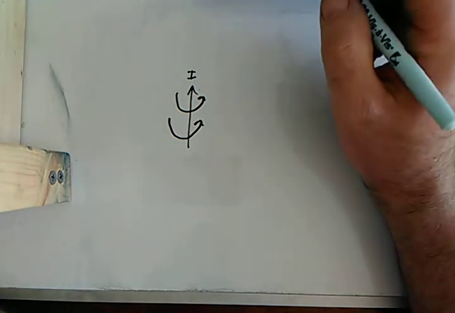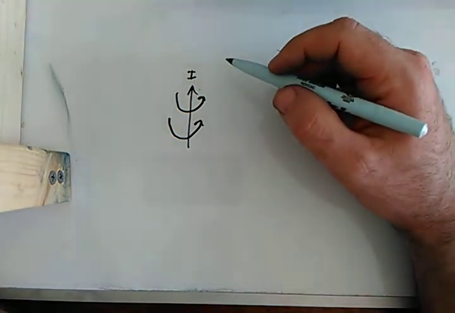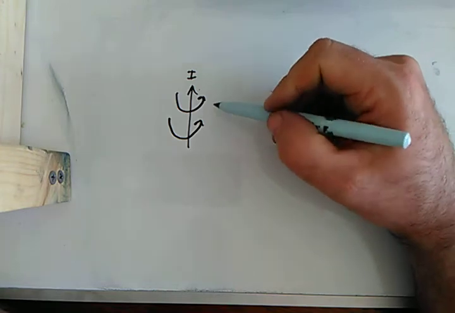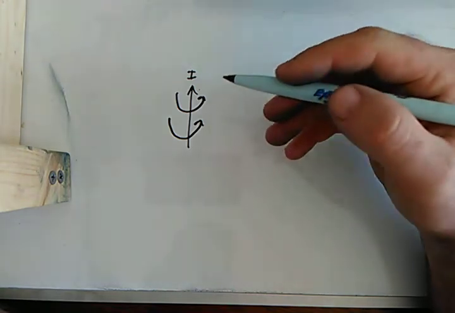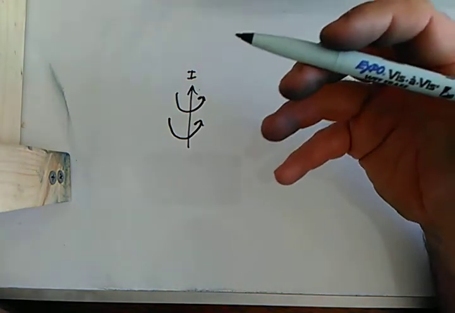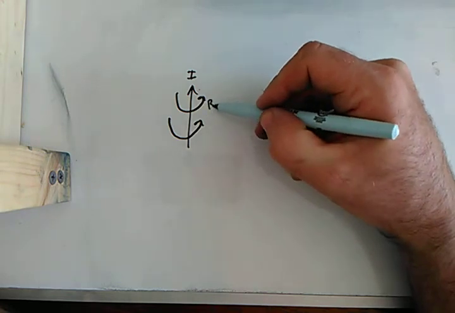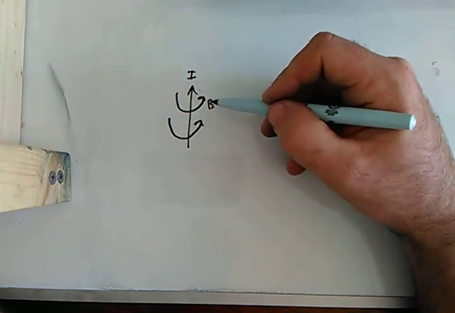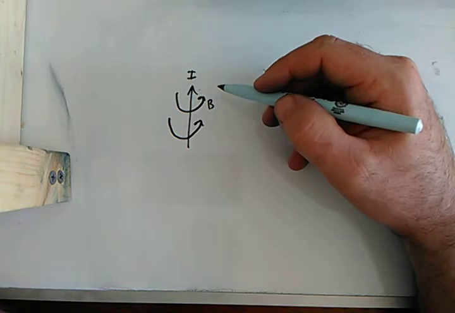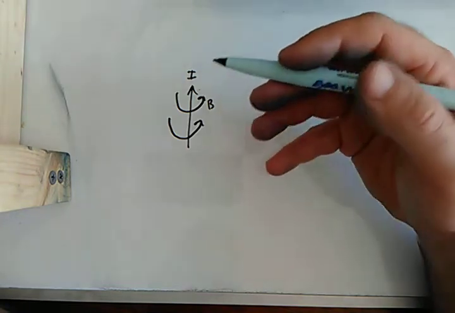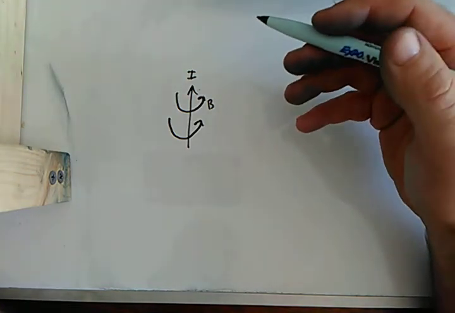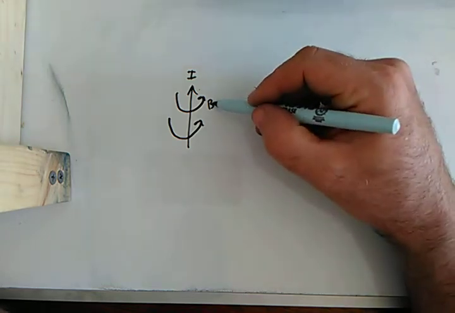Now, we determined that the magnetic field, this B field around this wire, actually decreases as the distance increases away from the wire.